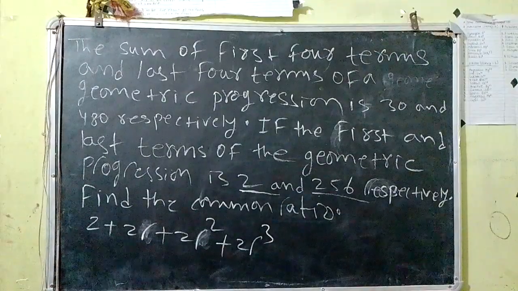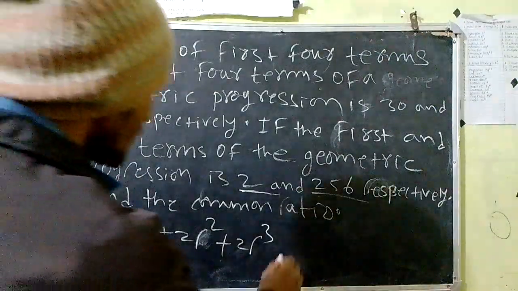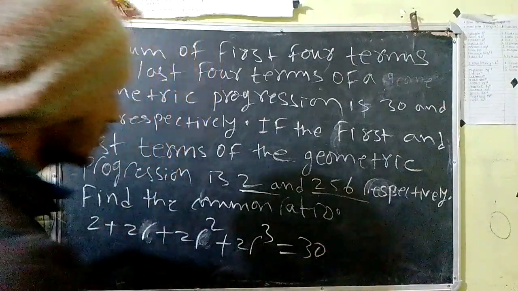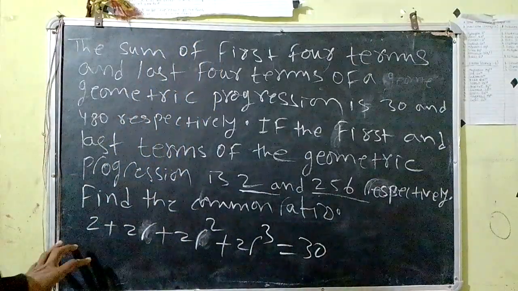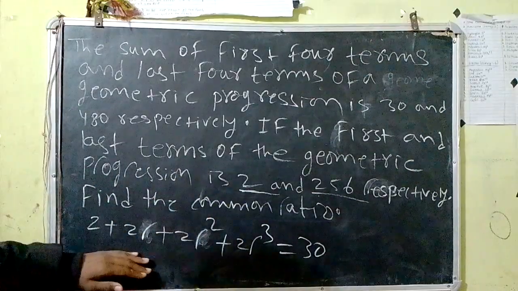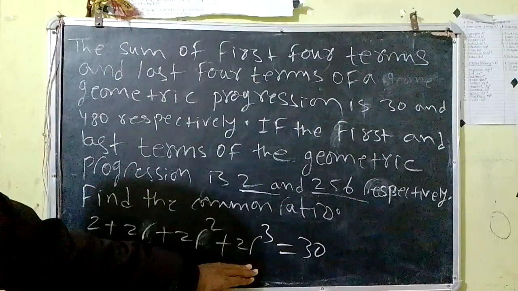The summation of these first 4 terms is 30.